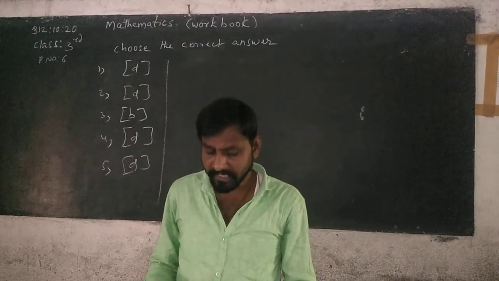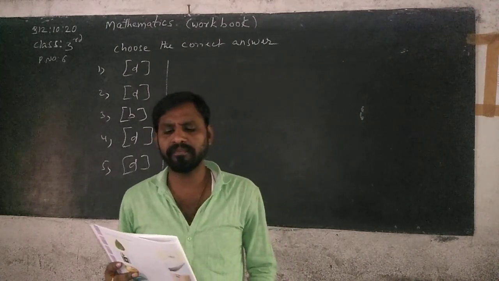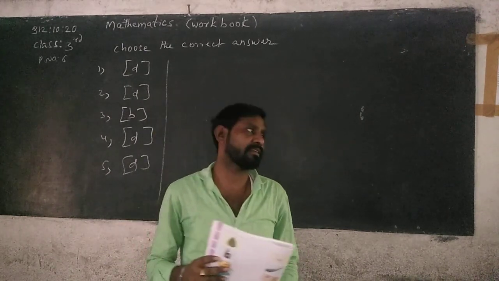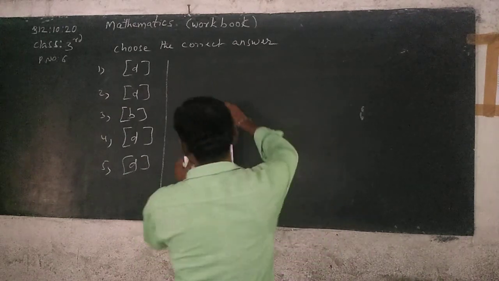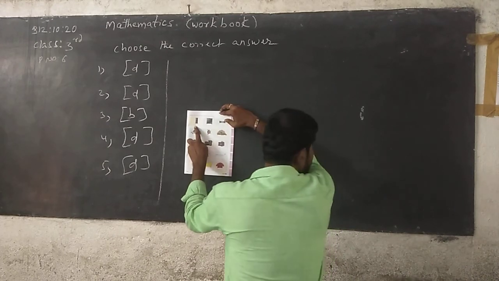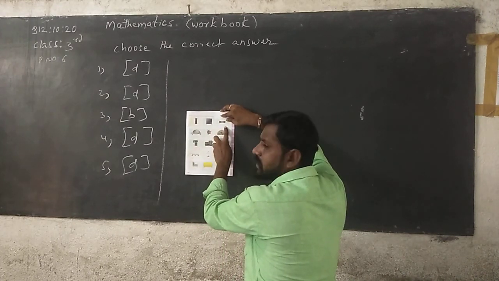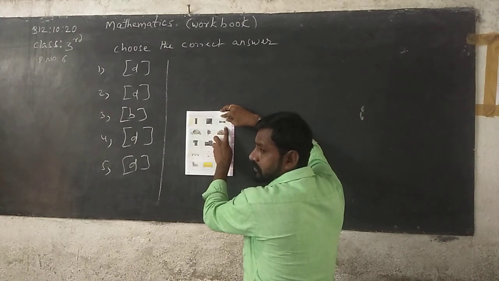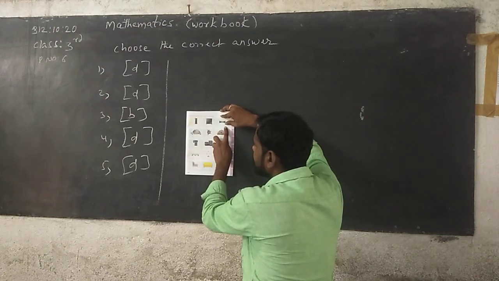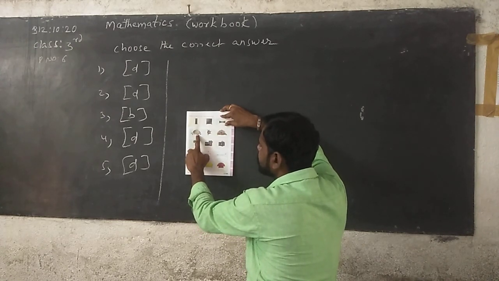Now next, page number 9. Identify and name the type of view of each picture. See, this is front view. This is side view. This is top view. Now, turtle, this is side view.